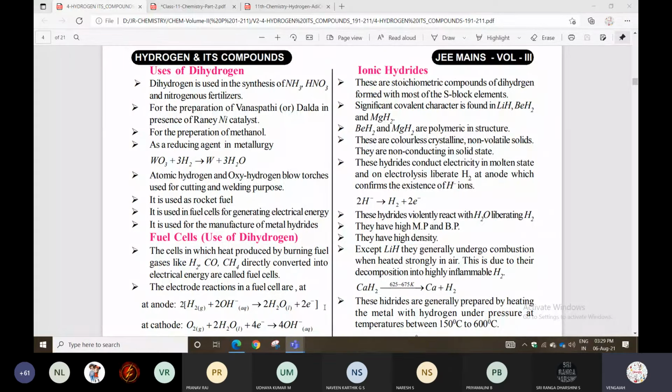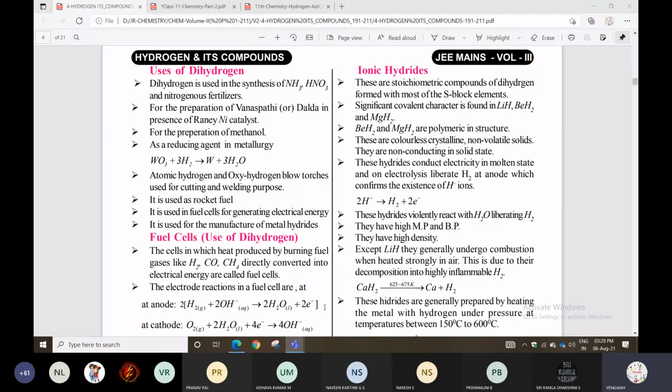They are non-conducting in the solid state, but these hydrides conduct electricity in the molten state and on electrolysis. They react violently with water, liberating hydrogen. They have high melting and boiling points.